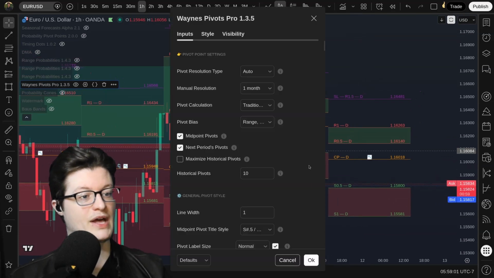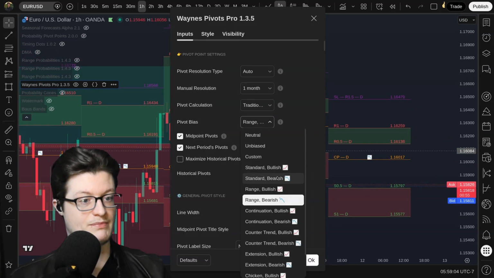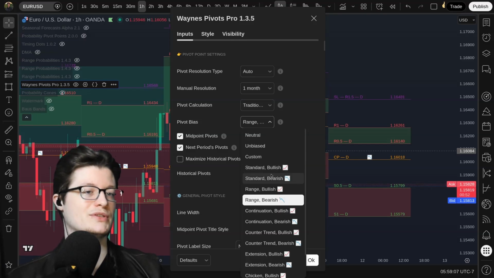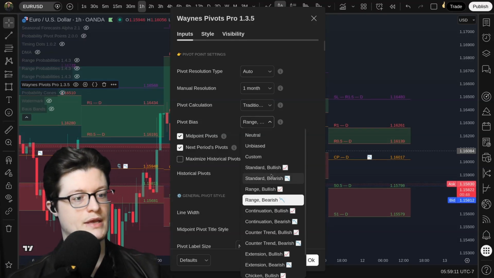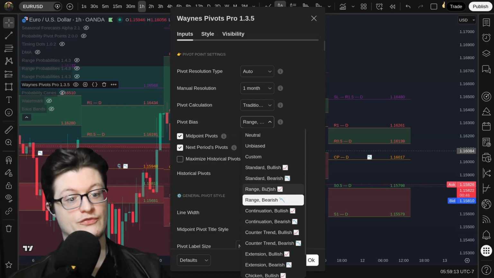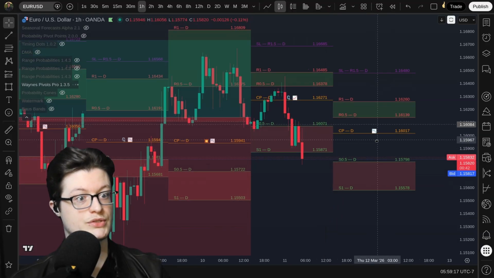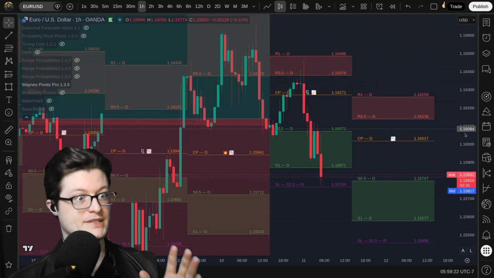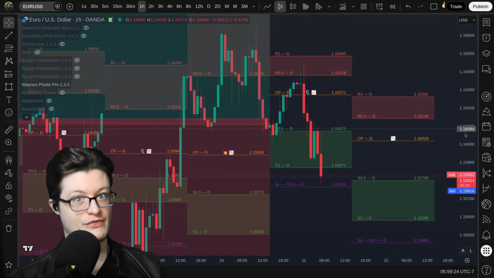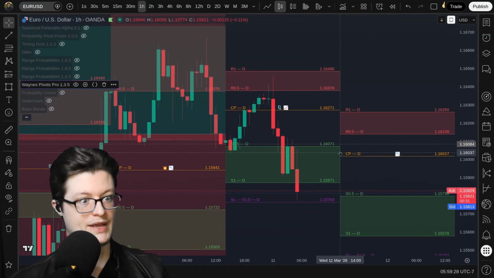A lot of people like to use the standard bullish and the standard bearish pivot biases. In most nominal trading situations, most trading days actually fall in between the range bullish and the range bearish bias. Most trading periods, the quote-unquote correct bias, the bias that technically has the highest profit factor, is going to be the bullish or the bearish range.